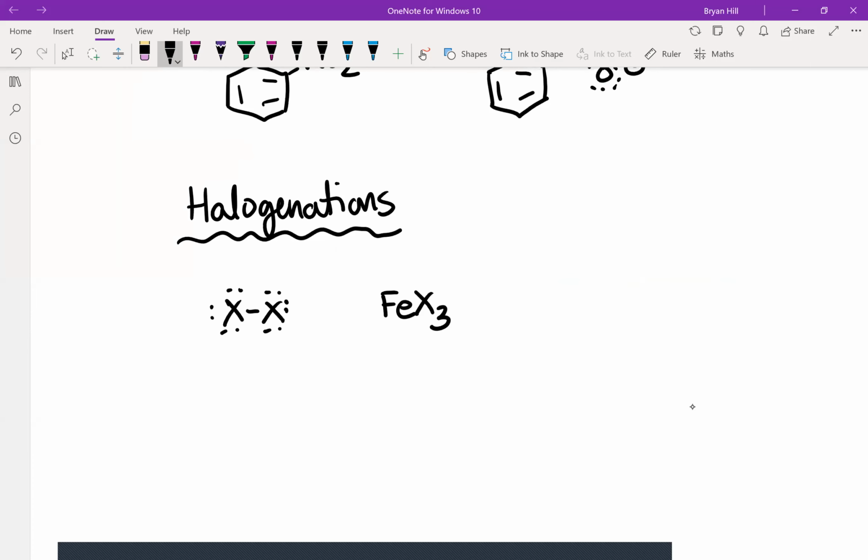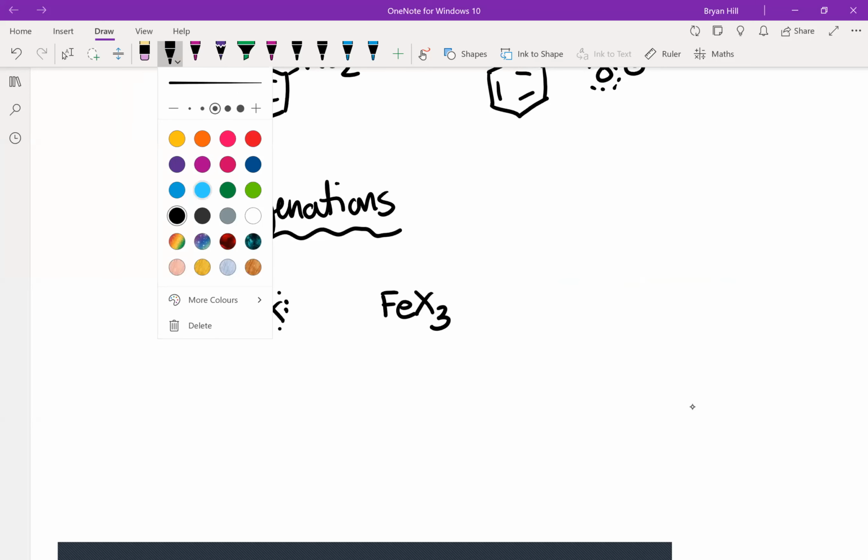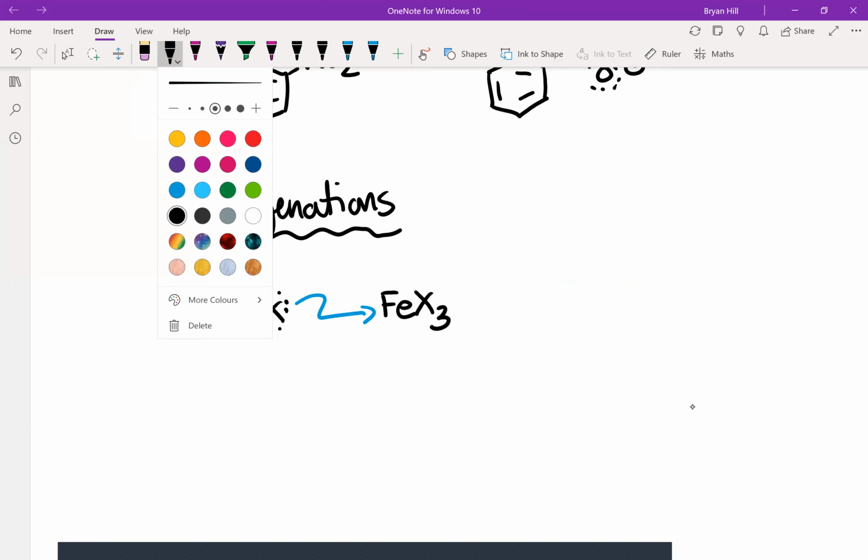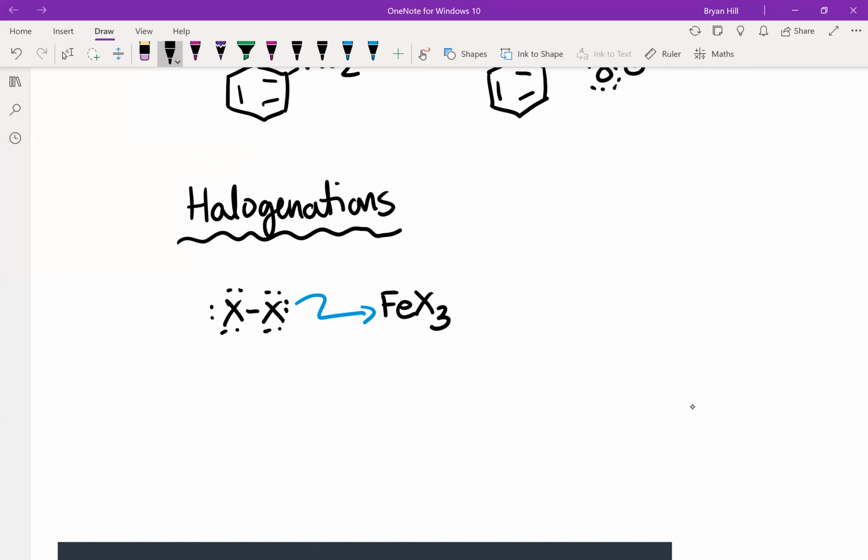So what happens here is that the Lewis acid, our transition metal, is going to be complexed with, so if we form a bond between X and FeX3, let's just make that bond. And then we'll have 3 X's off this. X, X, X.